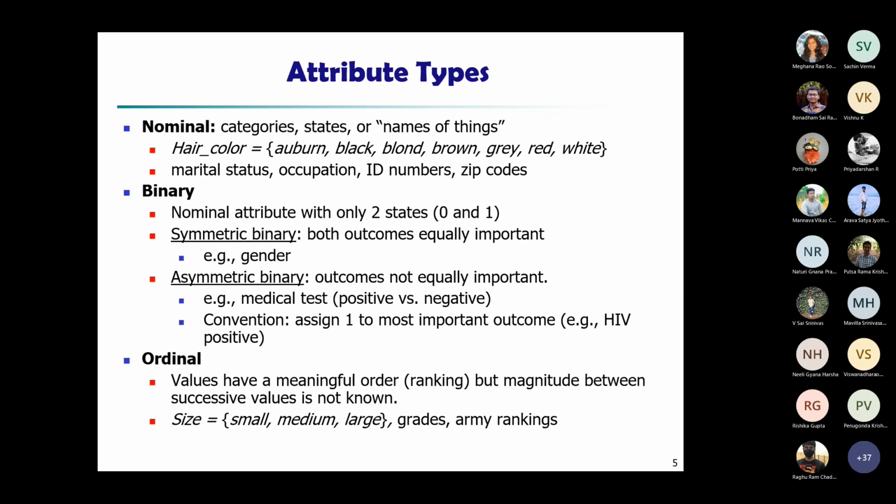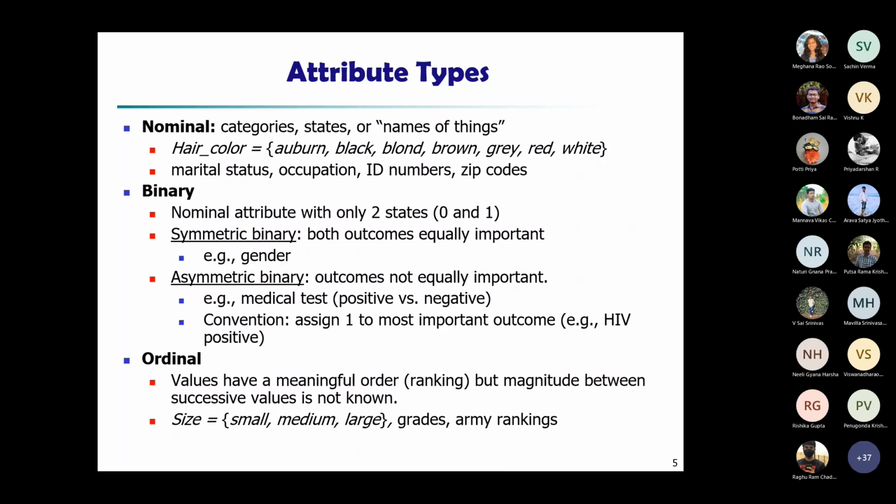Even when you convert, it is not like your normal numeric attributes. For example, we can represent black as zero, red as one, green as two. Those kinds of numbers can be given.